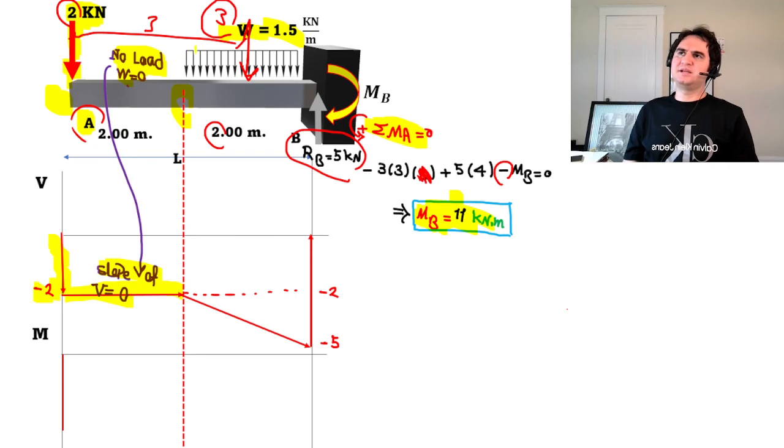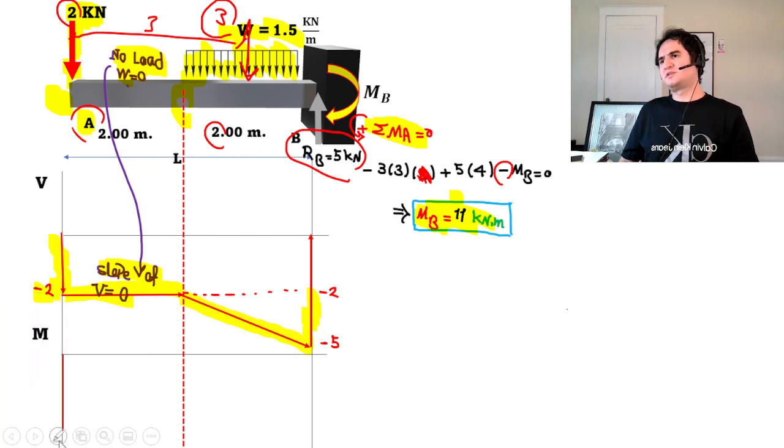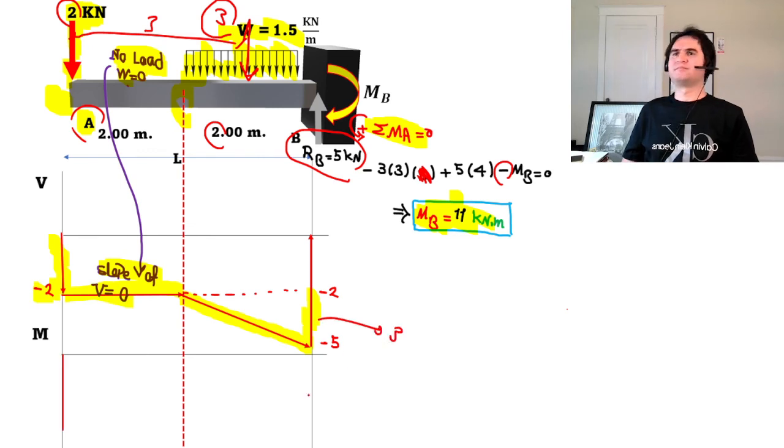And then there is a distributed load, so there is a linear drop down, and the area under the load is the change in shear. So that change is a numeric value of 3.